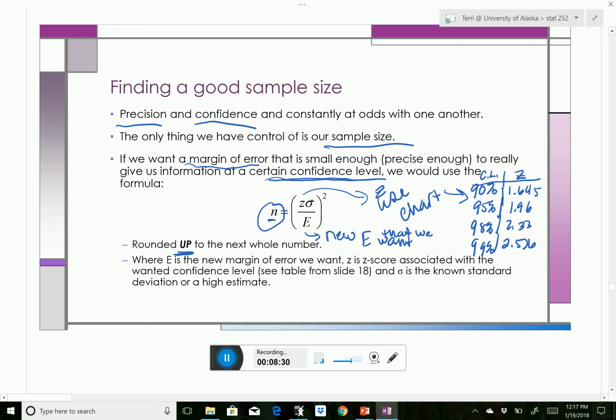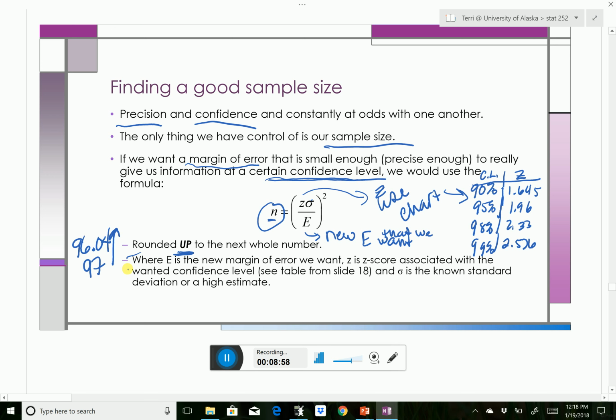Even if you get something like 96.04, that would be rounded up to 97, even though it is barely over 96. That means that you want to cover that margin of error. It's going to be a little bit bigger or a little bit smaller, but you don't want to go over it because you want that margin of error.